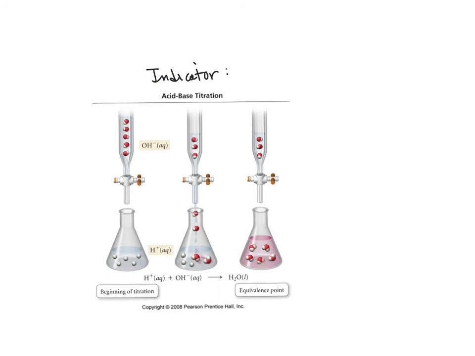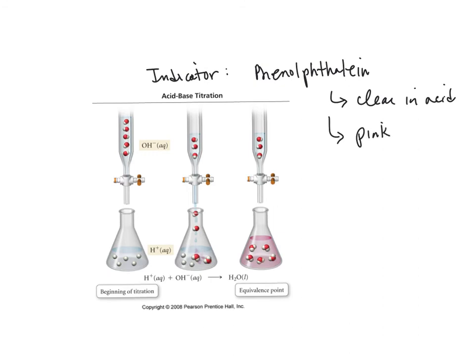This particular one that turns pink is called phenolphthalein. It has the property that it's clear in acid solution or neutral solution, and it is pink in basic solution or base.